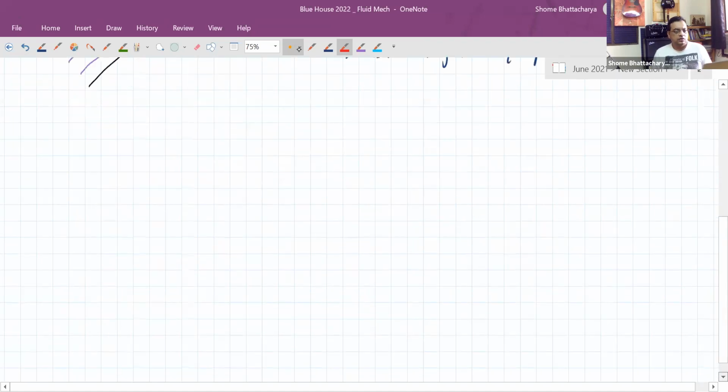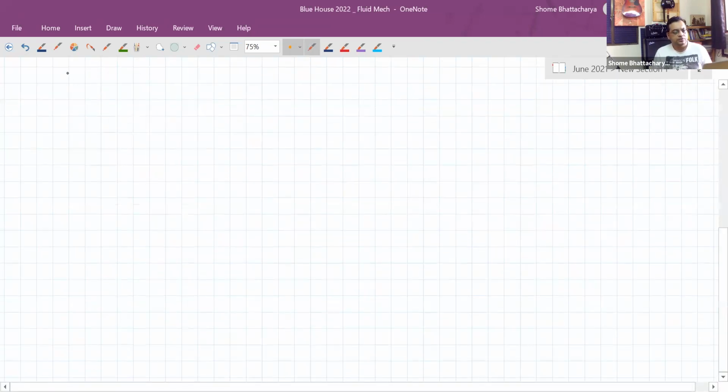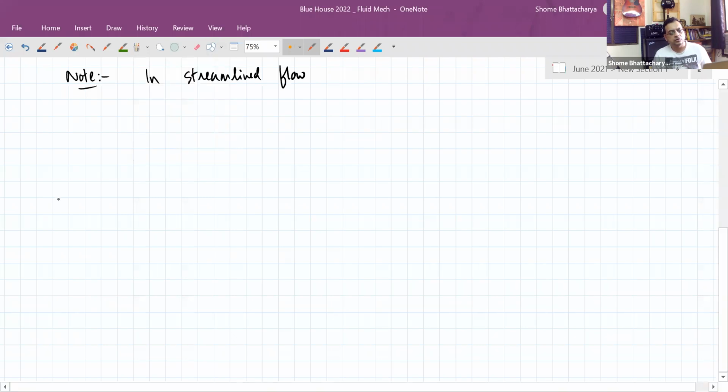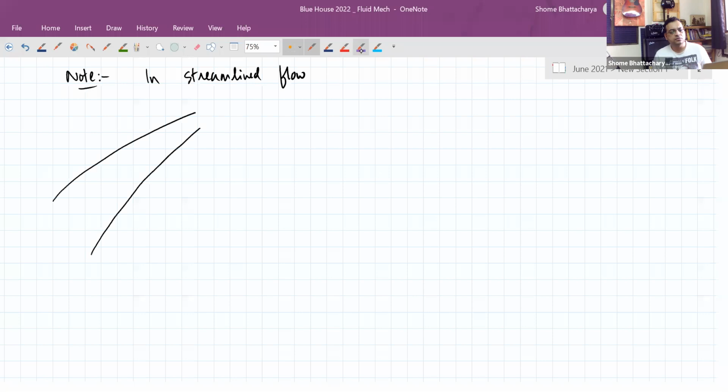Now, the next aspect that we will look at is that in streamline motion, at a particular cross section through which streamline motion is happening, or through which fluid molecules are passing in streamline motion, the velocity of flow is a fixed quantity.